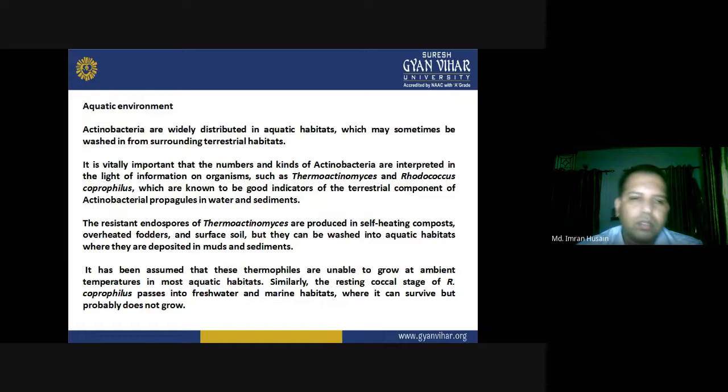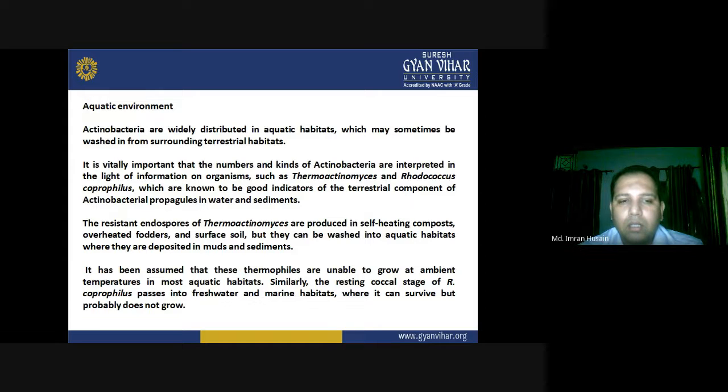The resistant endospore of Thermoactinomyces is produced in self-heating composts, overheated fodders, and surface soils. They can be washed into aquatic habitats where they are deposited in muds and sediments.